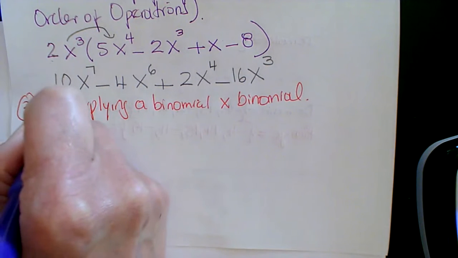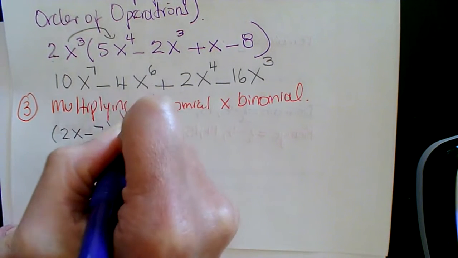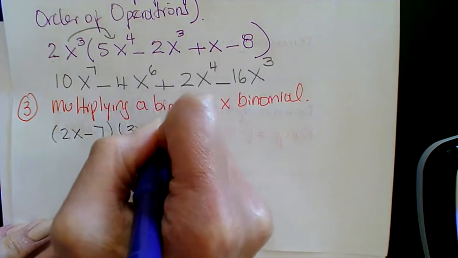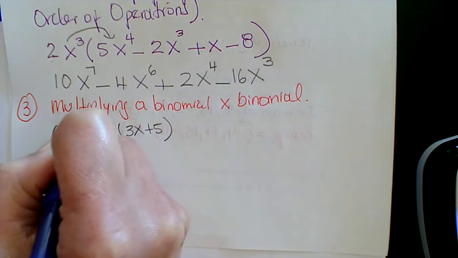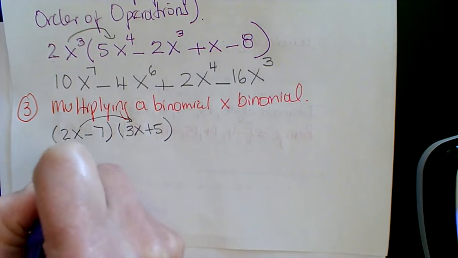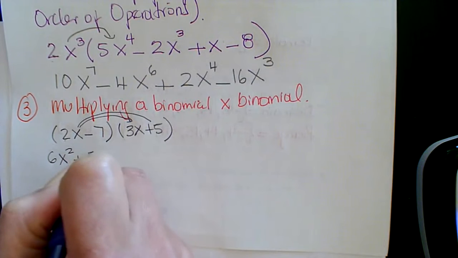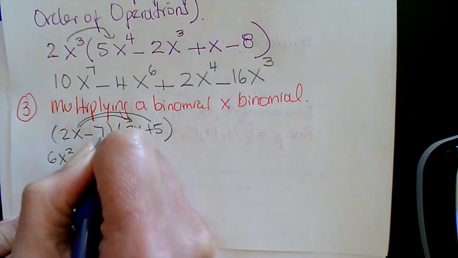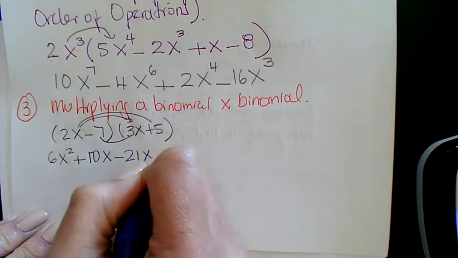Let me do this one. 2x minus 7 times 3x plus 5. Okay, so then I multiply this one times this term. 2x times 3x is 6x squared. 2x times 5 is 10x. Now, negative 7 times 3x is negative 21x.